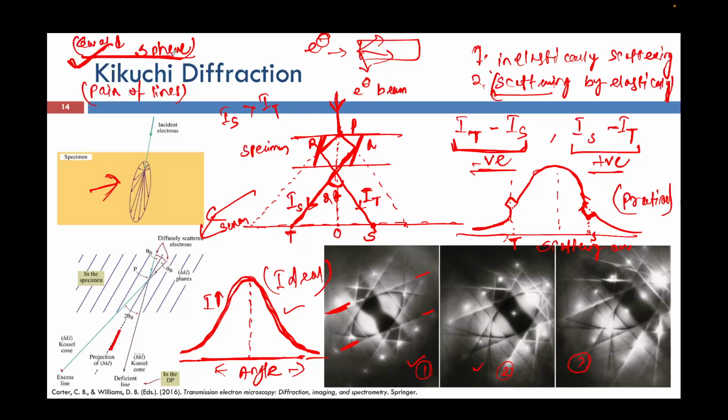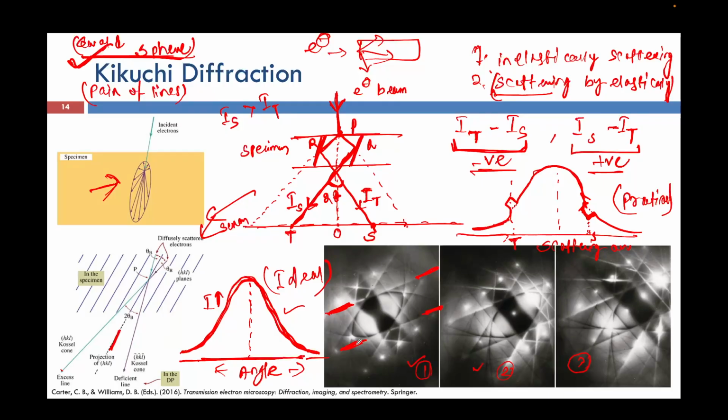Actually these are not lines, they should be two parabolas. Since the Ewald sphere is so large, we view this pair of parabolas as a pair of straight lines.